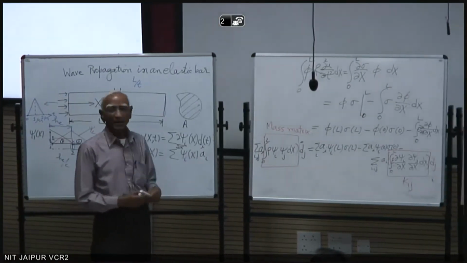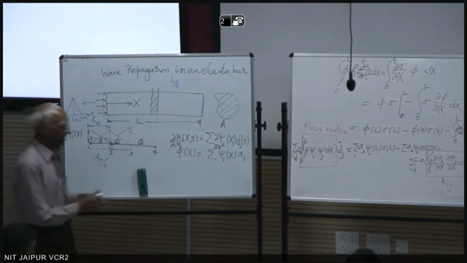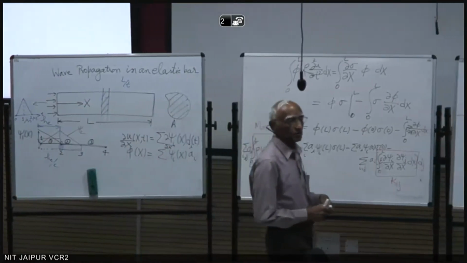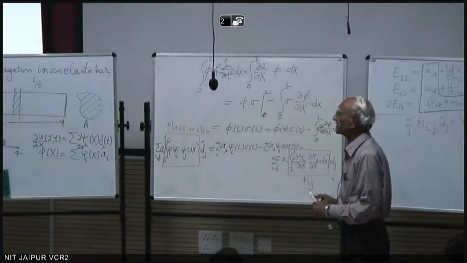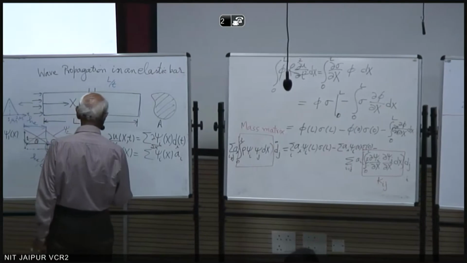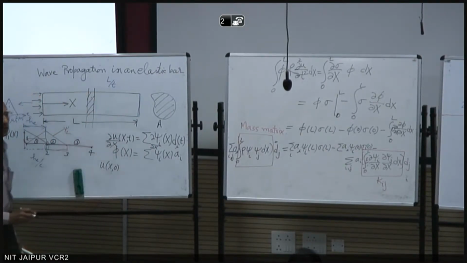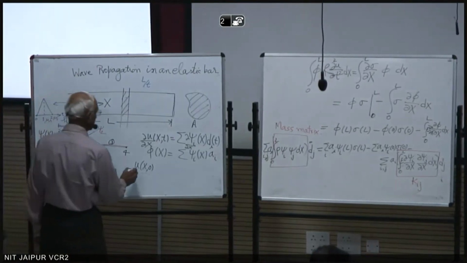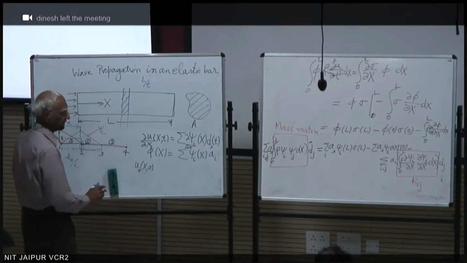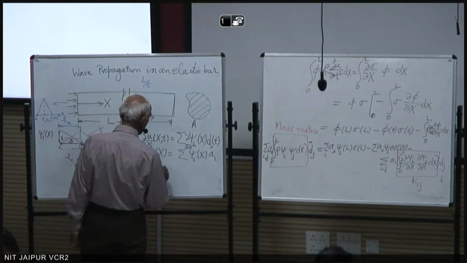Okay, so let's first try to translate our initial condition onto D. There are two ways to do it, because you are given U at time t equal to 0. So you are given U at time t equal to 0 as U0 of x.